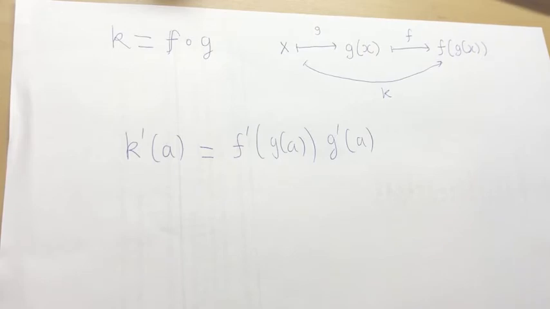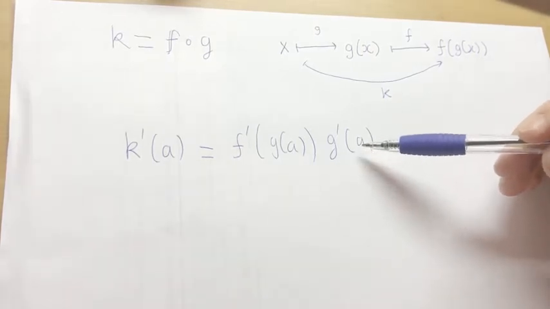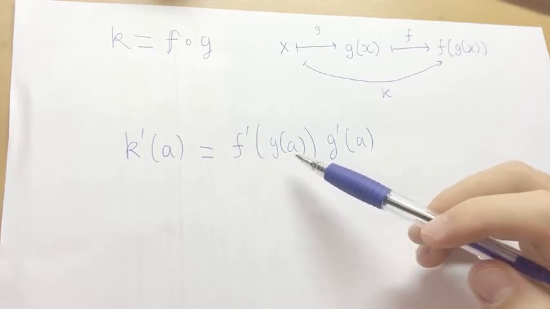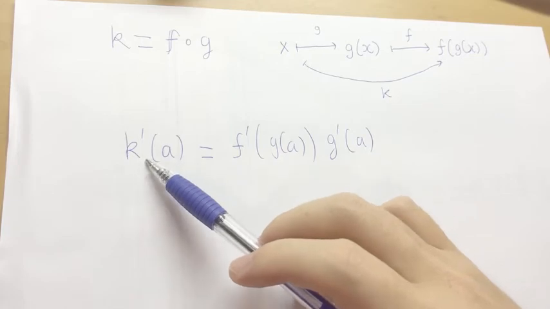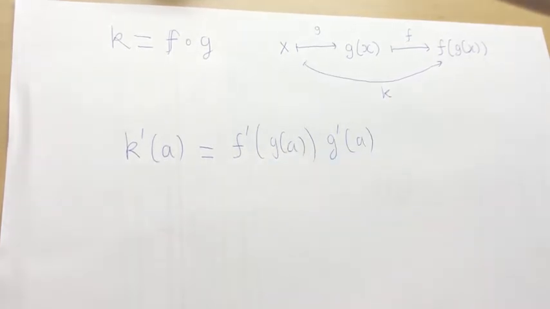So we're saying if g is differentiable at a and f is differentiable at g of a, then k is differentiable at a, and the derivative is given by the product of these two derivatives. Okay?